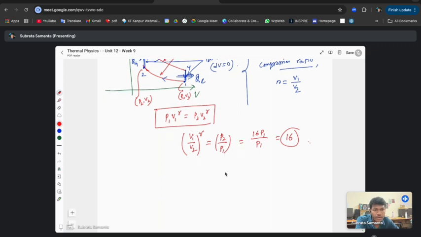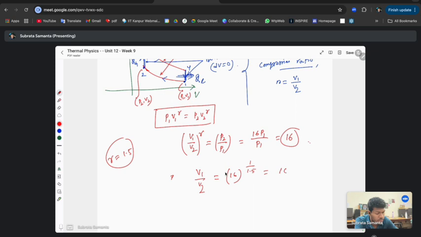So now we know the value of gamma, because gamma, the Cp over Cv, is given as 1.5. So V1 over V2 is basically 16 to the power 1 over gamma, 1.5.